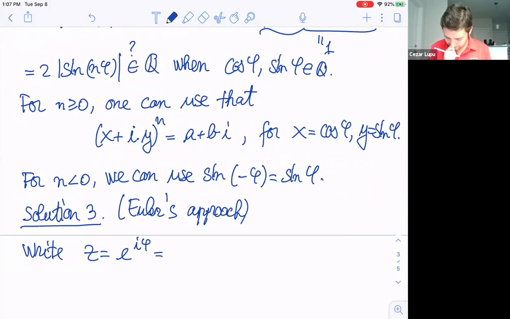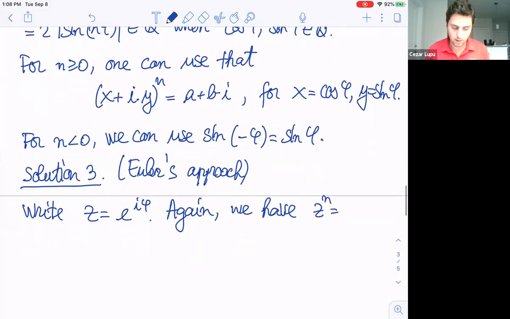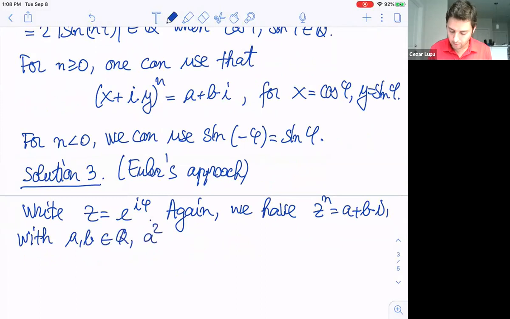Well, again, by induction, we have that z to the power n will be some number, let's say a plus bi, again with a, b rational numbers and a squared plus b squared equals 1. And again, when we compute, the same computations hold true.